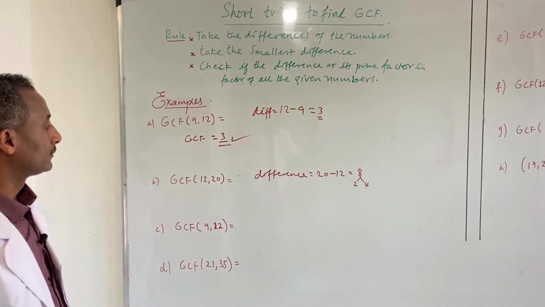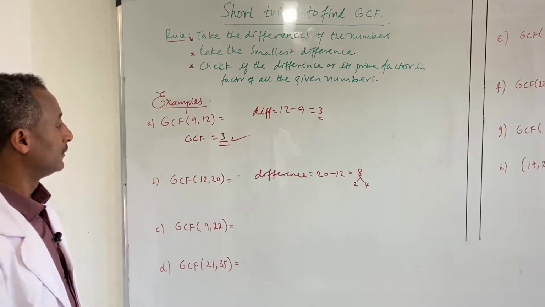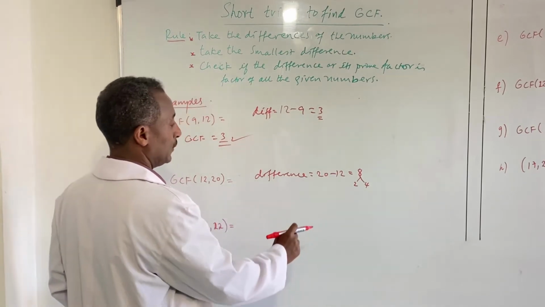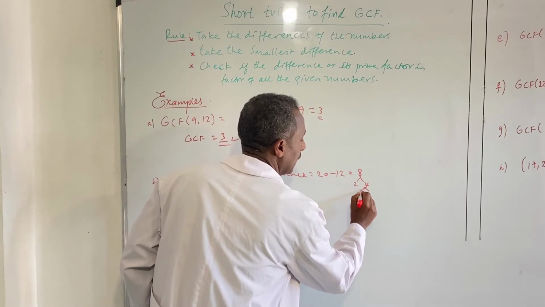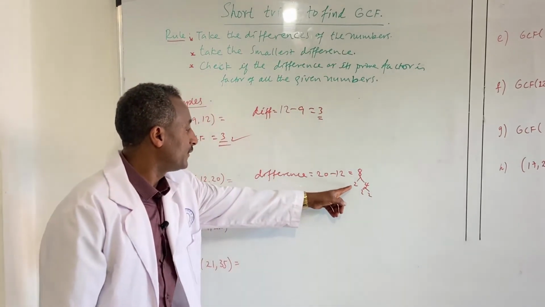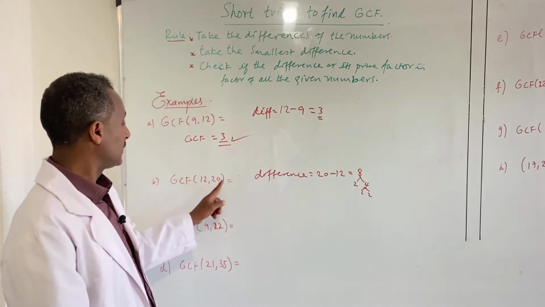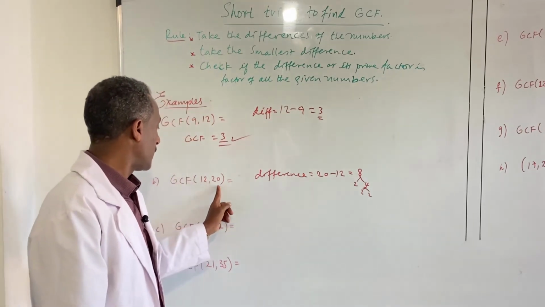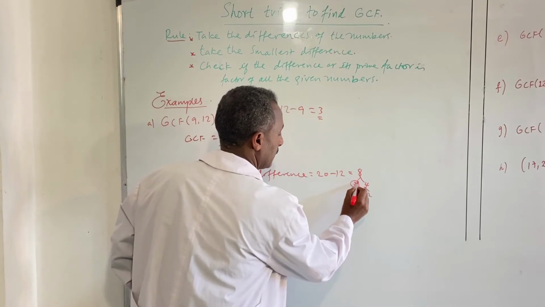Okay? So we can also write 4 as 2 times 2. So, does the first 2 divide 12? Yes. Does it divide 20? Yes. So we take it.